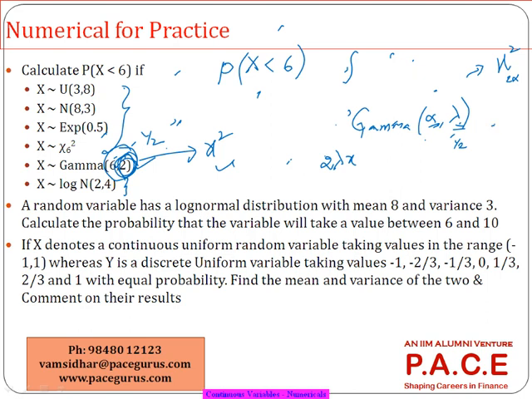So if anyone is giving you any other value for lambda, the simple thing is, instead of x, you try out for 2 lambda x. So P of x less than 6 is the same as saying 2 lambda x is less than 2 lambda 6. You multiply both sides with 2 lambda.